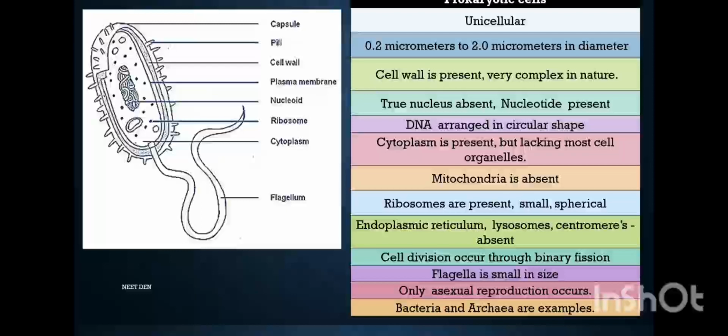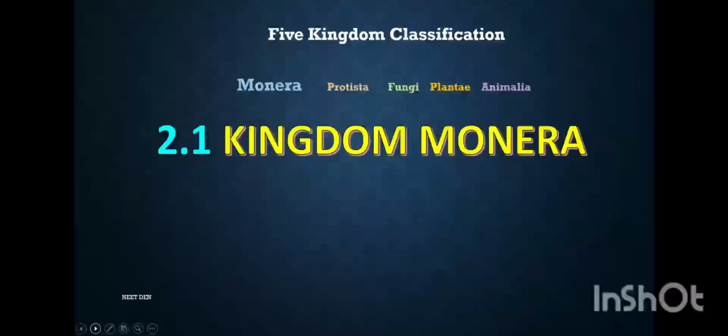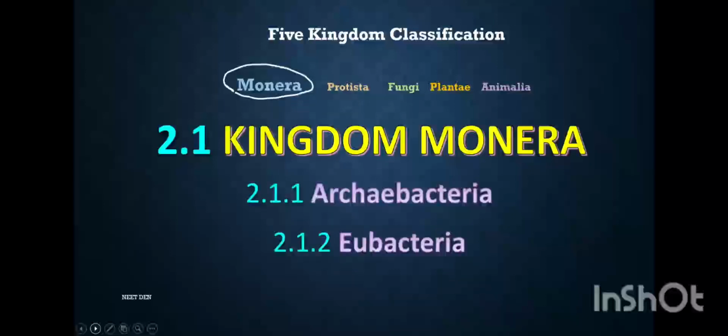So let us see a kingdom which has only prokaryotic organisms. This is the Kingdom Monera. Among these five kingdoms, it is this kingdom we are going to talk of.